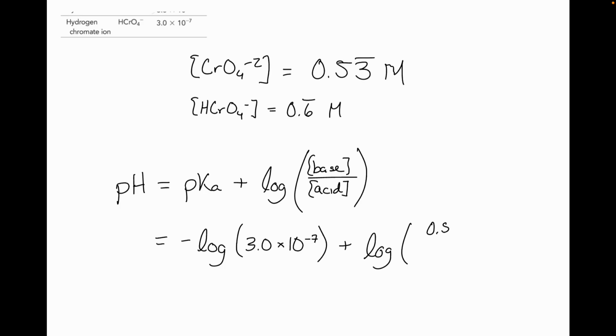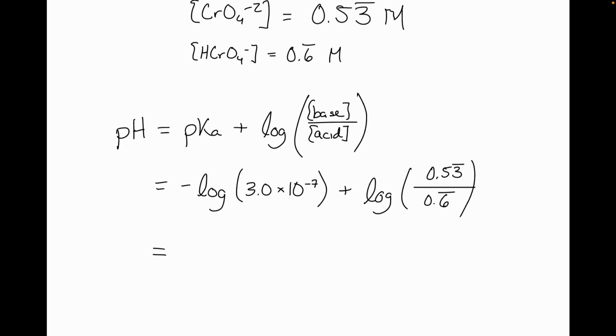My base was that 0.53 continued. My acid was that 0.6 continued. All right, and so my pH of this solution, well, that's fine, 6.43. We'll just say 2 decimal places.